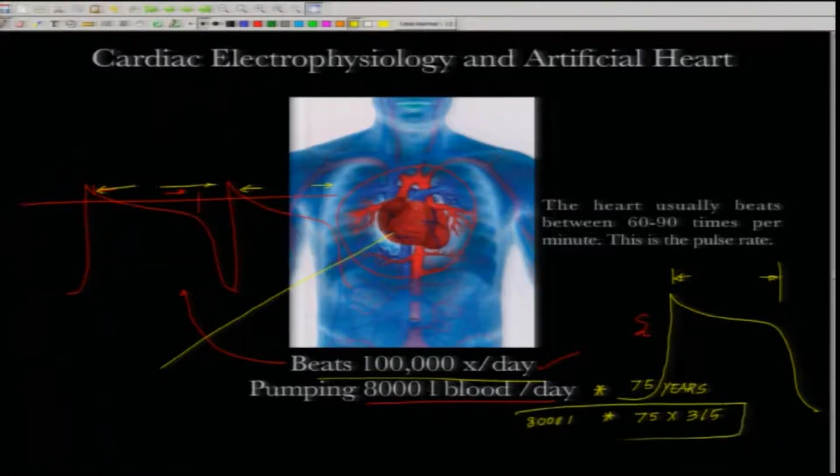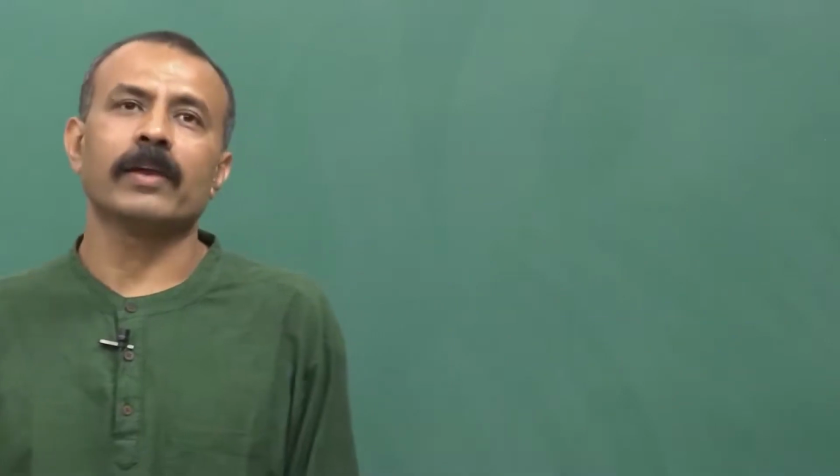This is for an average individual living 75 years, and this machine tirelessly works. If this machine fails, that is the end of our story. In other words, we should take good care of our heart and not take it for granted.